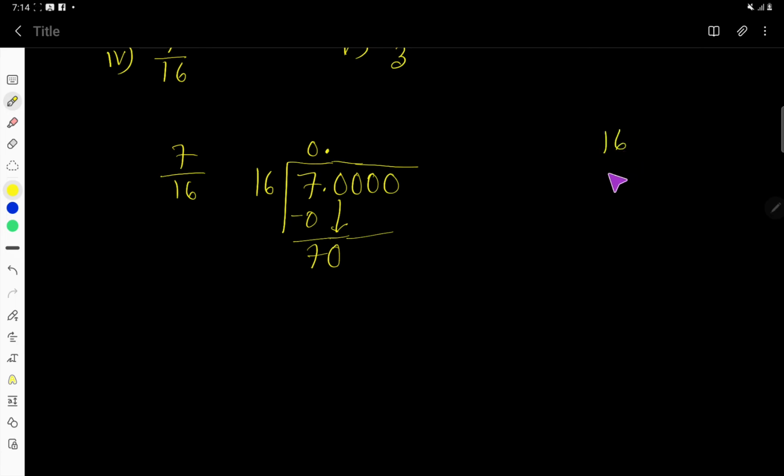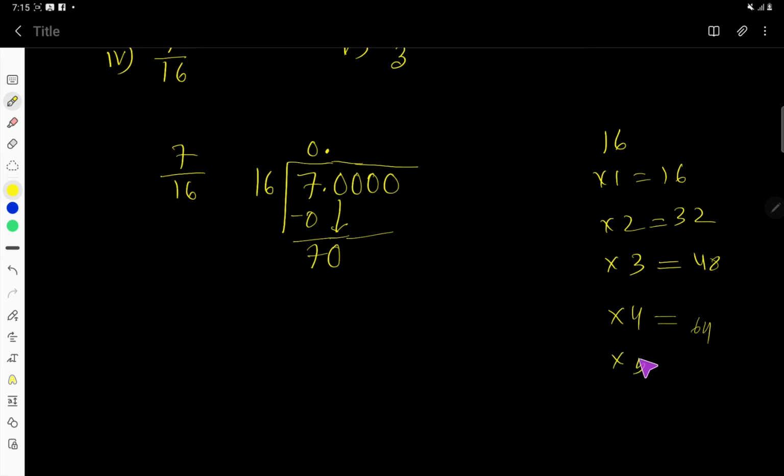Look, 16 times 1, 16 times 2, just add 16 with this 16, 32, then 3, just add 16 with this, 48. Then 4, just add 16, that is 64.